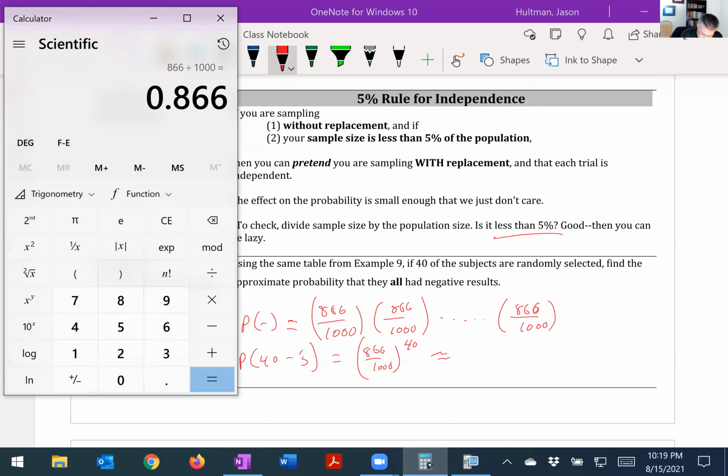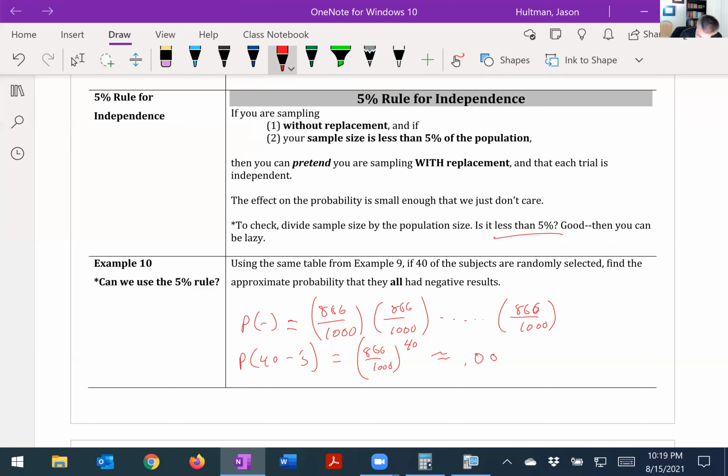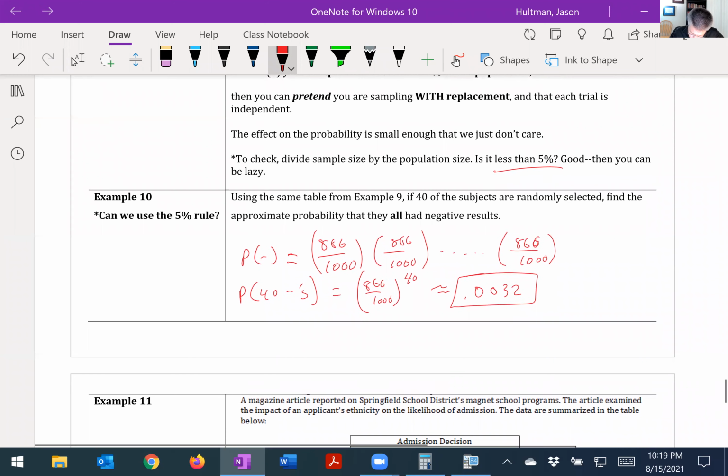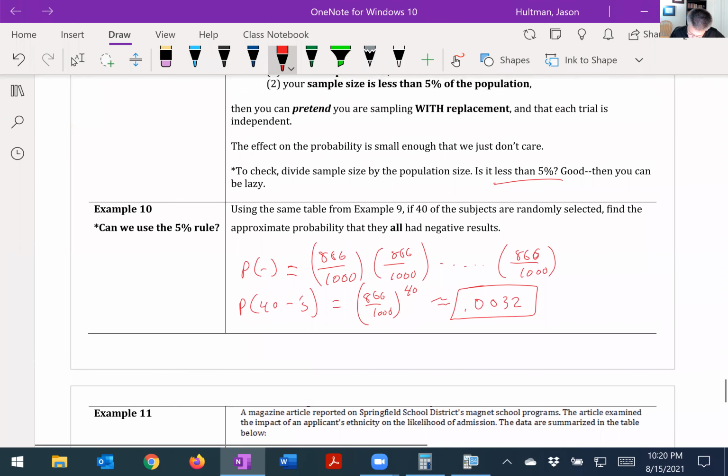Now let's raise that to the 40th power, and it's 0.0032. Less than 1%.